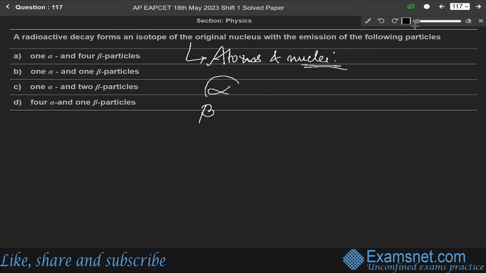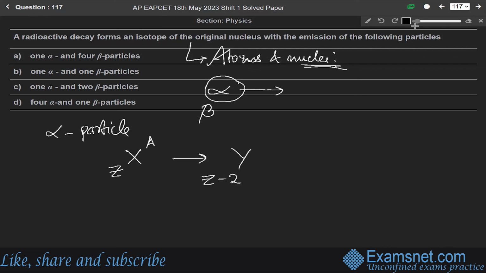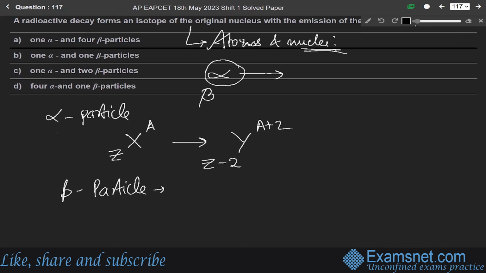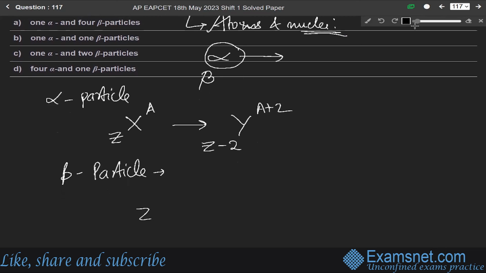Whenever an alpha particle is emitted from a radioactive nucleus, let us say this is X with atomic number Z and mass number A, for an alpha particle the atomic number is decreased by 2 units, meaning whenever the product is formed, we get Z minus 2. And for a beta particle, the atomic number increases by 1 unit, meaning this ZXA, where Z is the atomic number and A is the mass number, becomes Z plus 1.